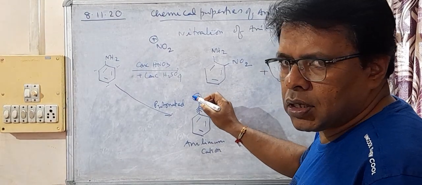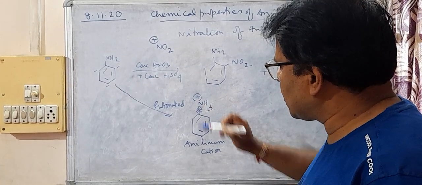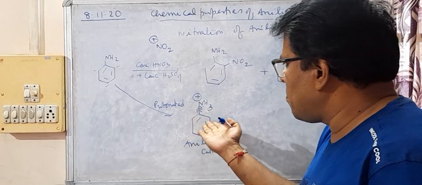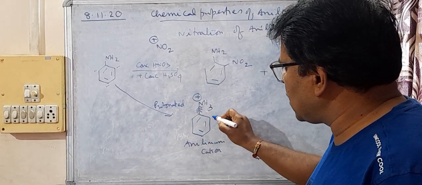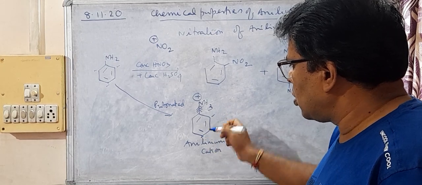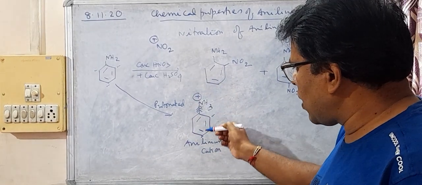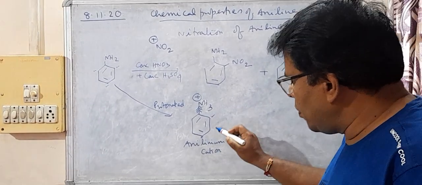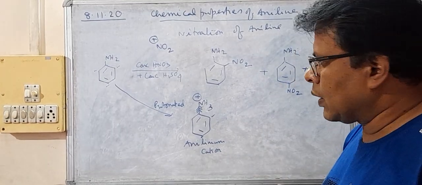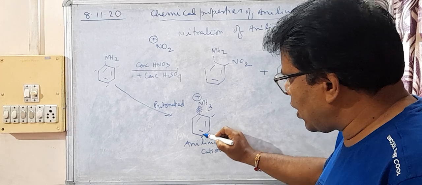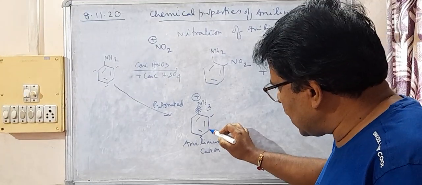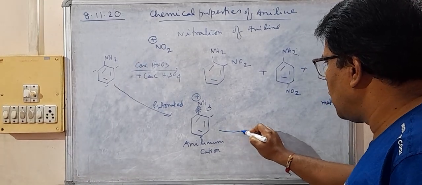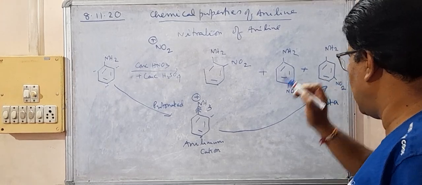This NH3 plus will be an electron withdrawing group, and as you know, since it's an electron withdrawing group, maximum withdrawal of electron will take place from ortho and para position, and consequently electron density will be reached at meta position, and that is the reason why we will get meta product.